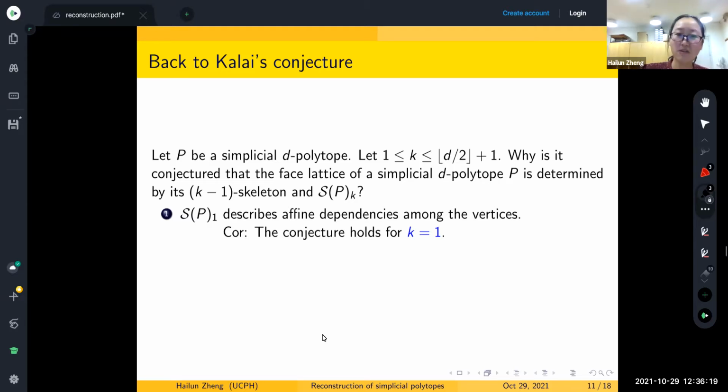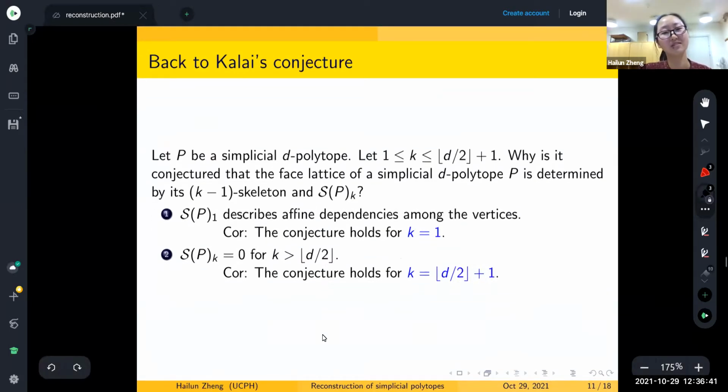You know that the affine dependencies among the vertices will tell you almost everything about the polytope itself, right? You could basically recover all the information from that. So this corollary gives us the claim that the conjecture holds for k equals 1.